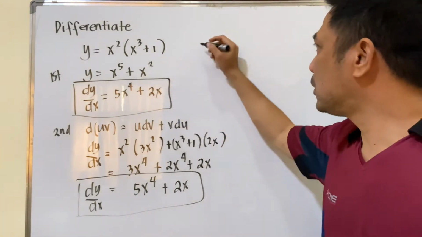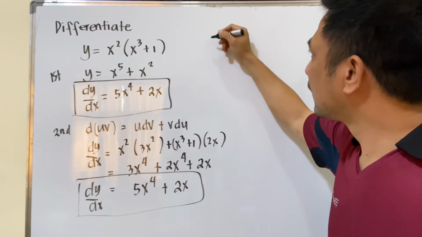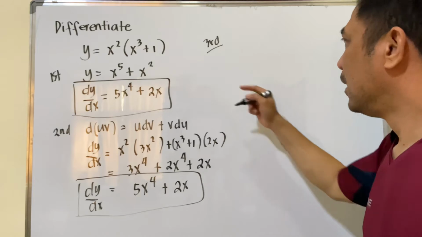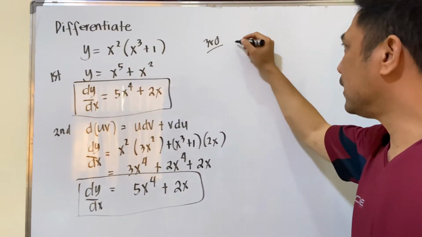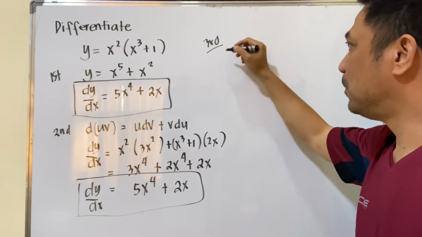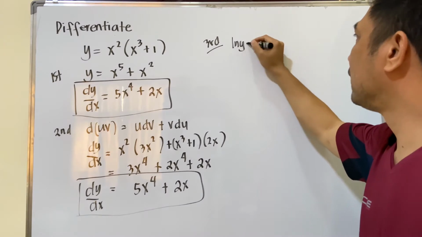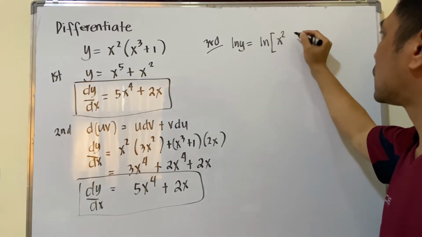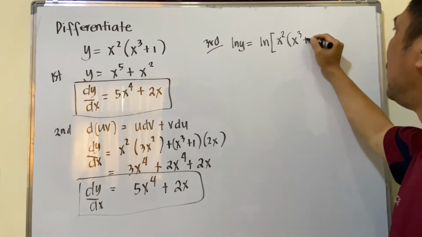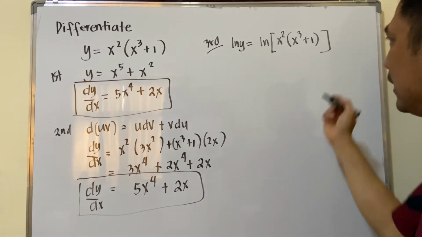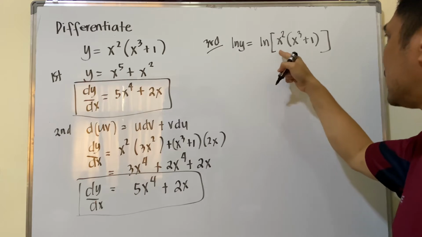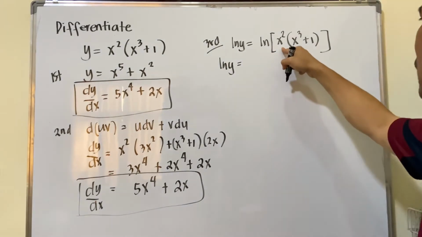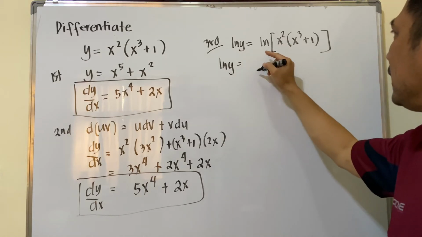The third solution is, if I take the natural logarithms of both sides, we'll have ln y equal to ln of x squared times x cubed plus 1. This is a product, so we can further simplify this.